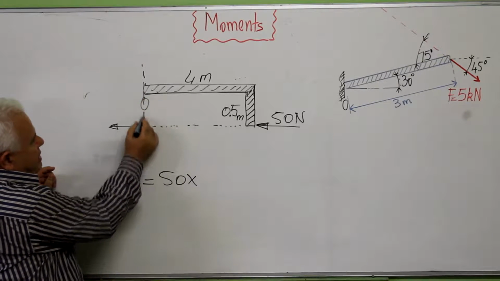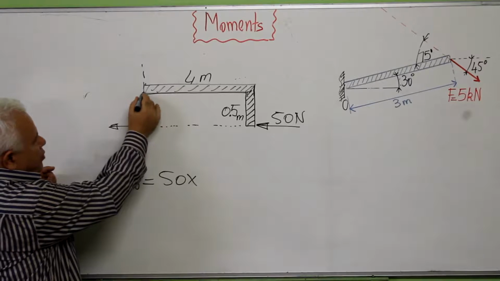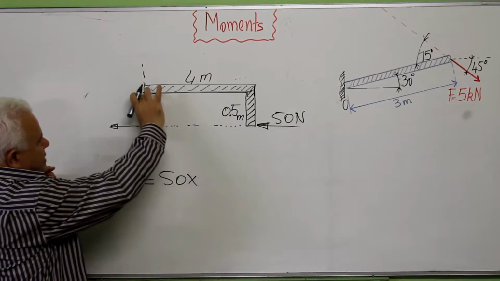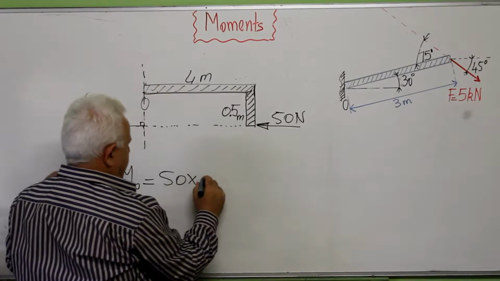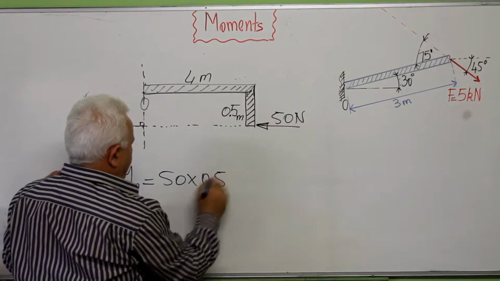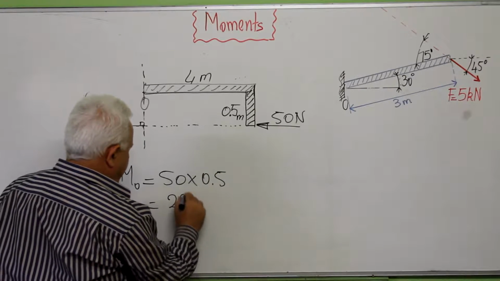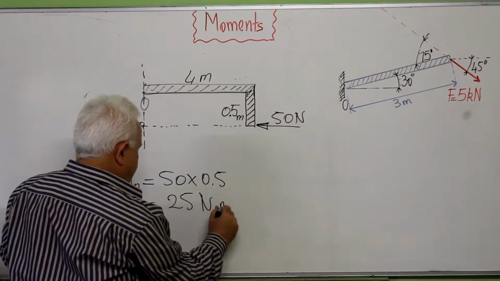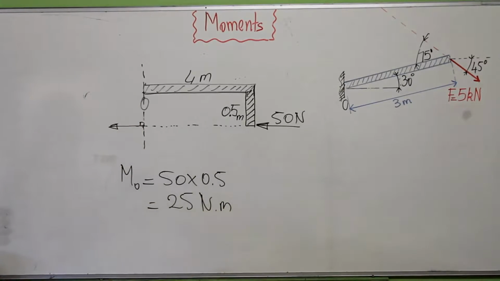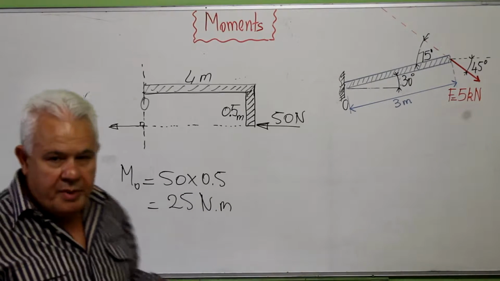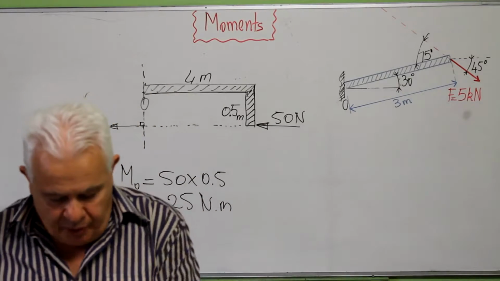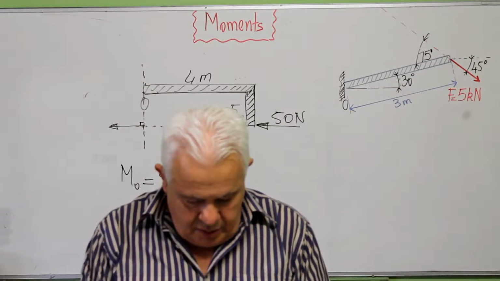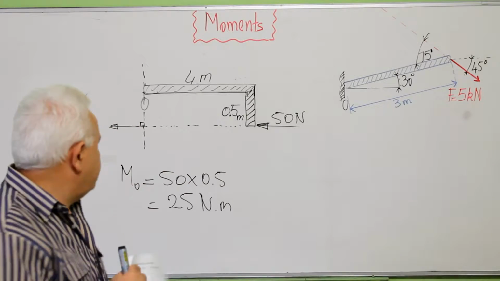The perpendicular distance is here, from here to the point. So times 0.5, which is 25 newton meters. So again, the moment is the force times the perpendicular distance from the line of action.